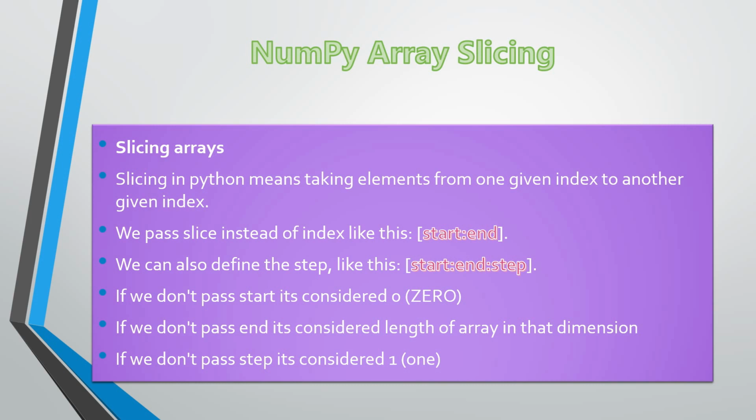If we don't pass a start, then it is considered 0 by default, and if we don't pass an end, then it will consider the length of the array as the dimension. And we can also give a step, so you can say start to end with a step. This is how you can define different ways of slicing.